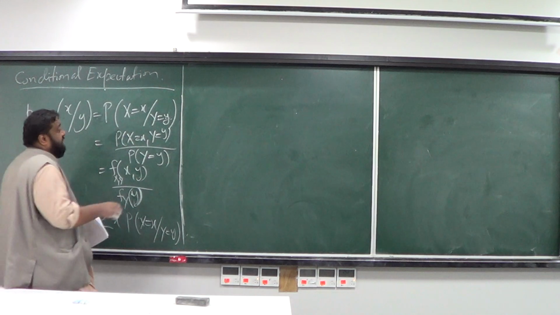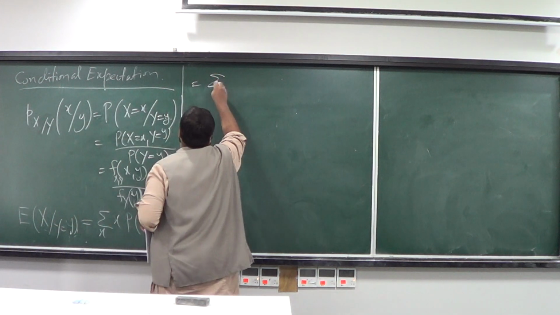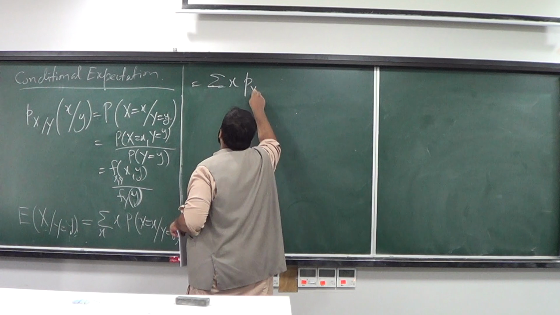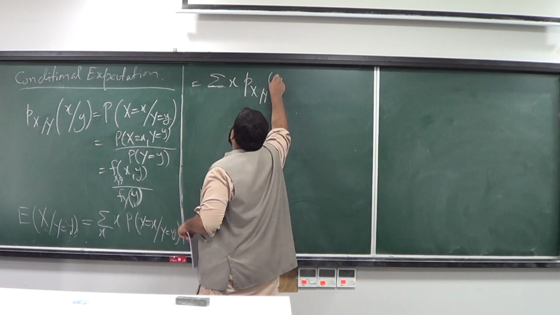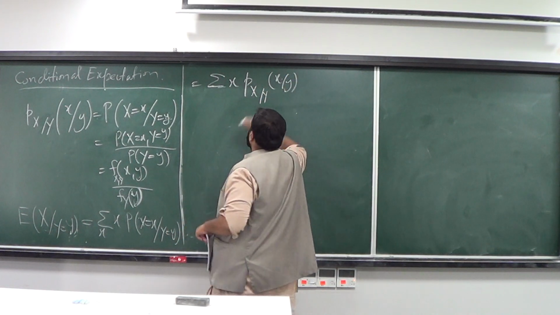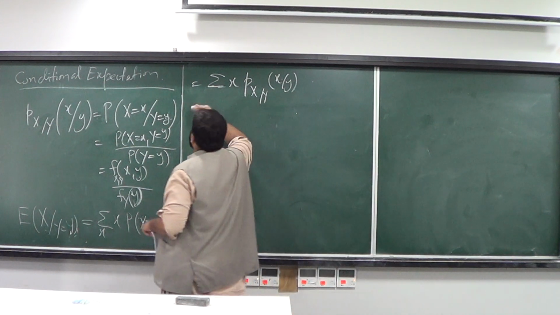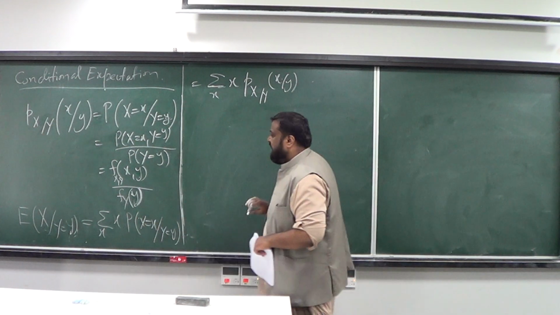In other words, this is x times the conditional probability of x given y. This is the definition in the discrete case.